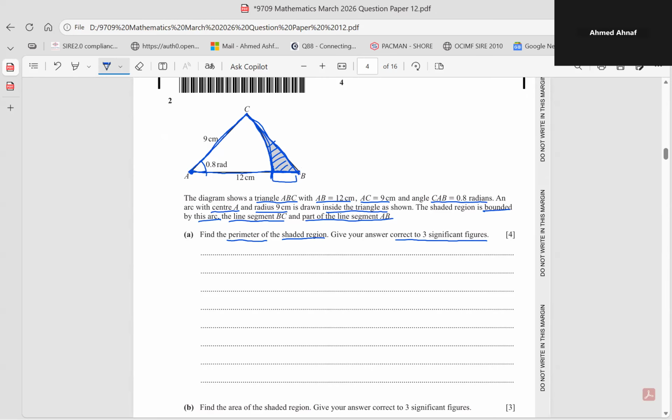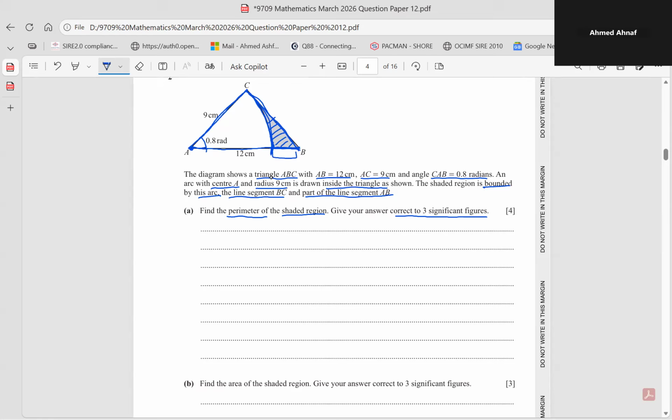Okay, so let's find the length of the arc first, okay? So to find the length of the arc, you just use the formula s equals r theta. Theta is the angle of the arc. It must be in radians for it to work.